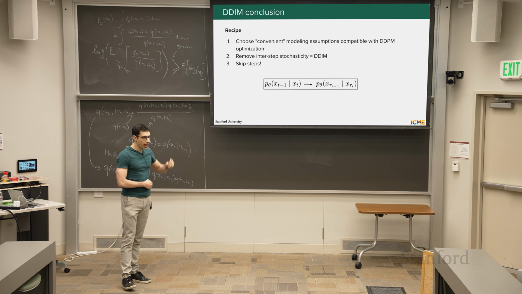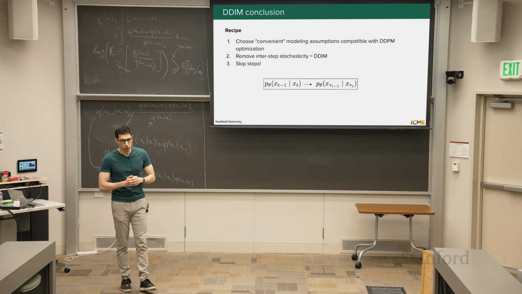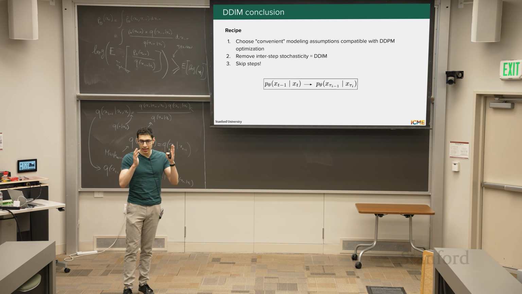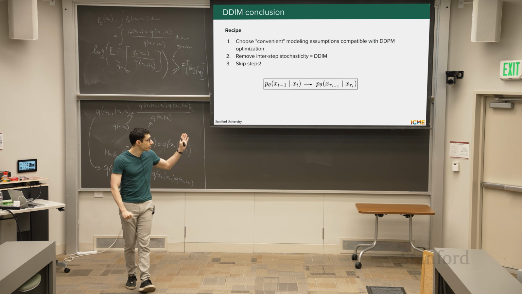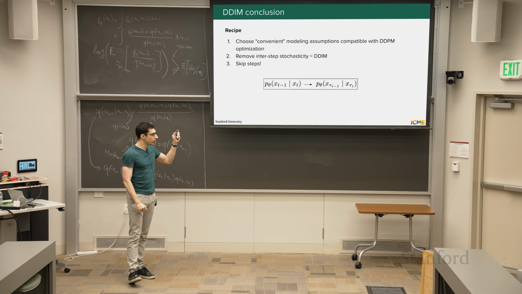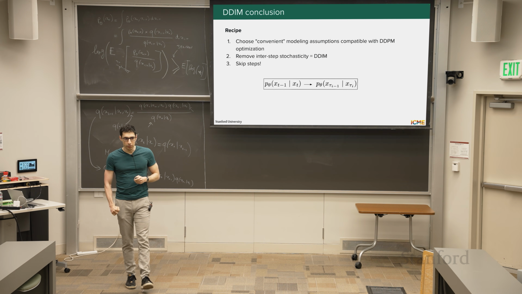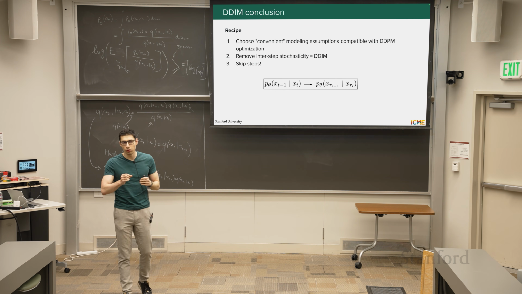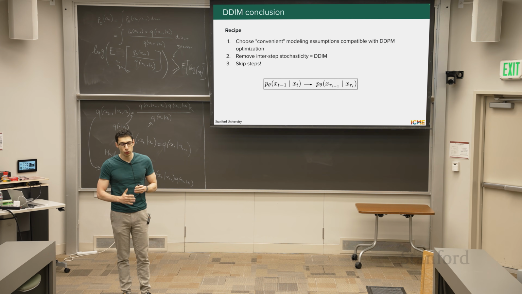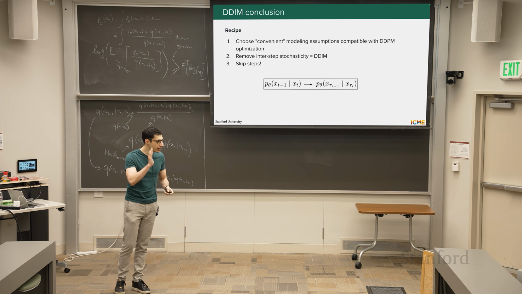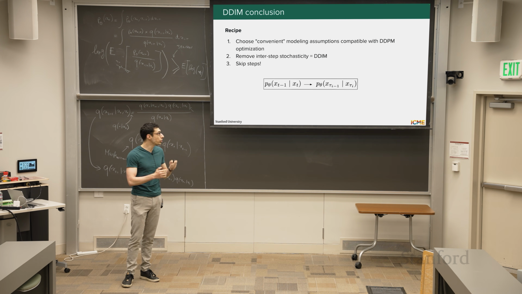And once we had this deterministic generation process, which we call DDIM, we then skip steps, and we get the transition from a generation process that needs to go through T steps to one that only needs to go through S steps, which is what we got in the end.